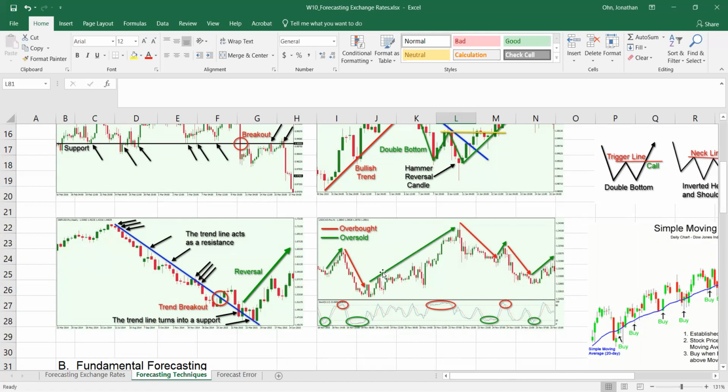And their strategy is, if it's oversold, then you have to buy. If it is overbought, wait a second. This is overbought. This is oversold.